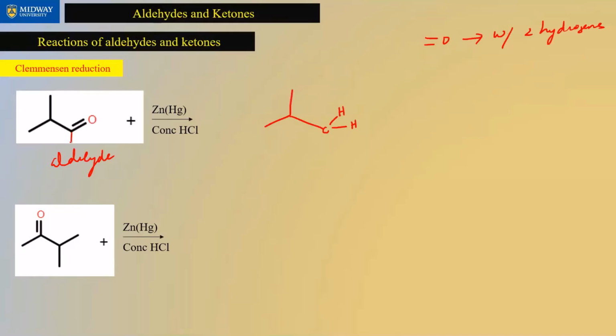Keep in mind with an aldehyde, there's already a hydrogen there. This is what we have added. And this is a ketone. Now Clemmensen is indicated by zinc mercury amalgam, which is easier to remember. Again, with a ketone, replace the double bond O with 2 hydrogens. In either of these cases, an aldehyde goes to an alkane, and a ketone also goes to an alkane.